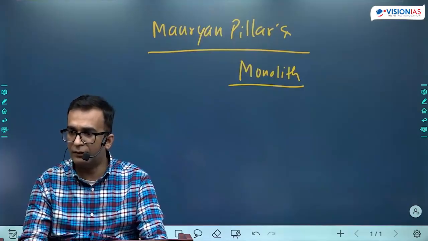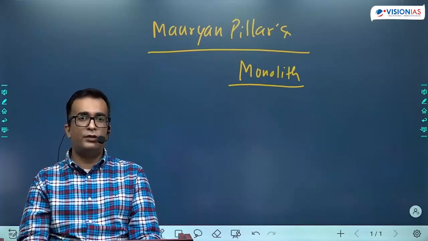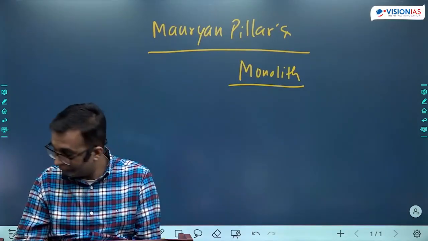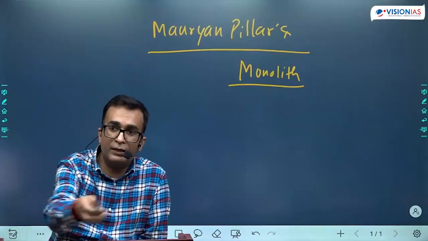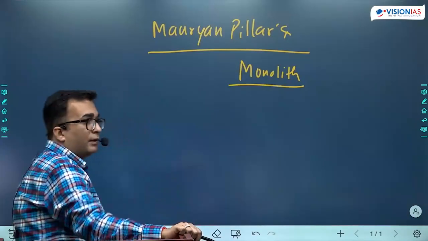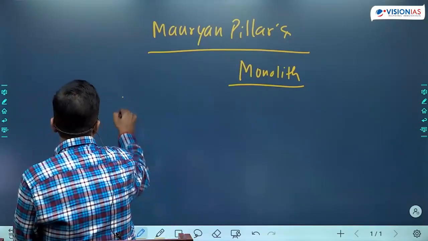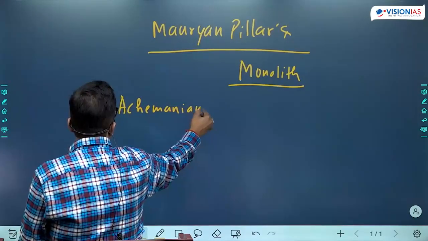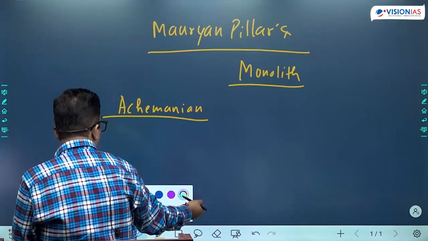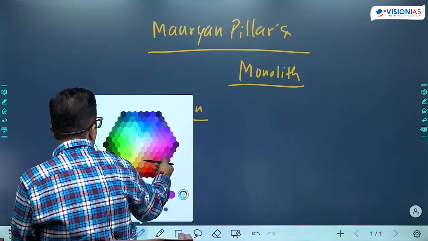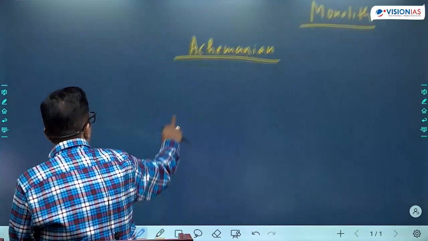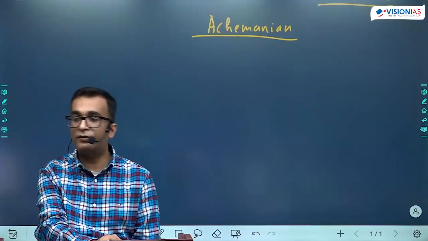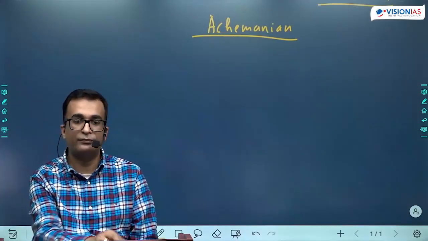Then change the paragraph, okay? At this point of time, in the Achaemenian kingdom of Iran, pillars were also created.